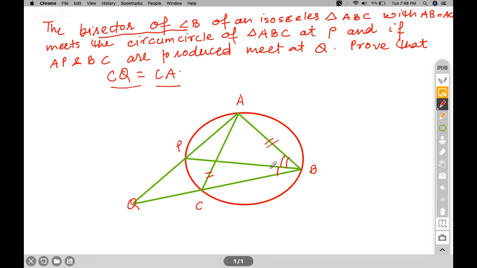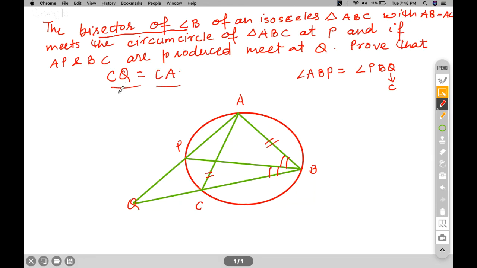So the two angles, let me write, angle ABP is equal to angle PBQ. This Q can also be replaced with C because Q and C are on the same line, sorry, BQ.